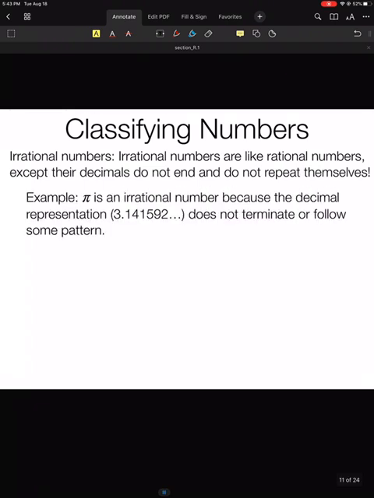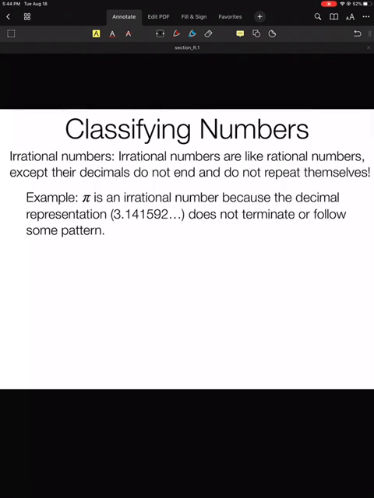Pi in its decimal representation is 3.141592, and then it keeps going, but there's no pattern. It's not like 141592 repeats itself a bunch of times. The numbers keep on going, and there's no apparent pattern on how they go. So that's what I mean by irrational numbers.